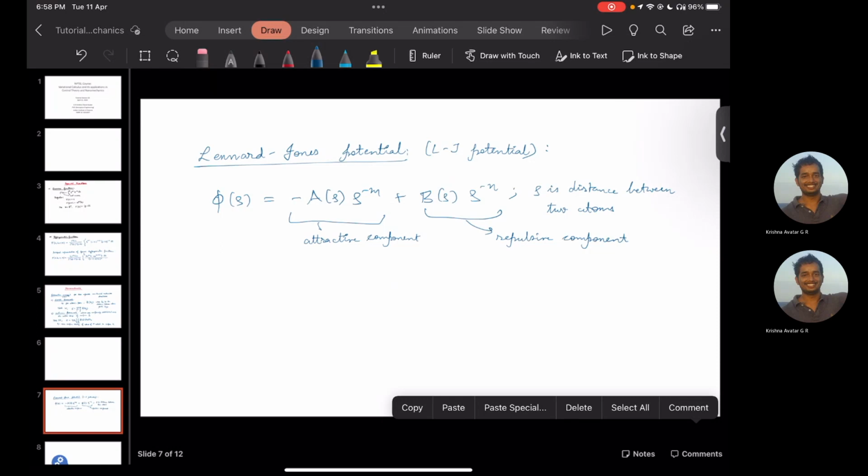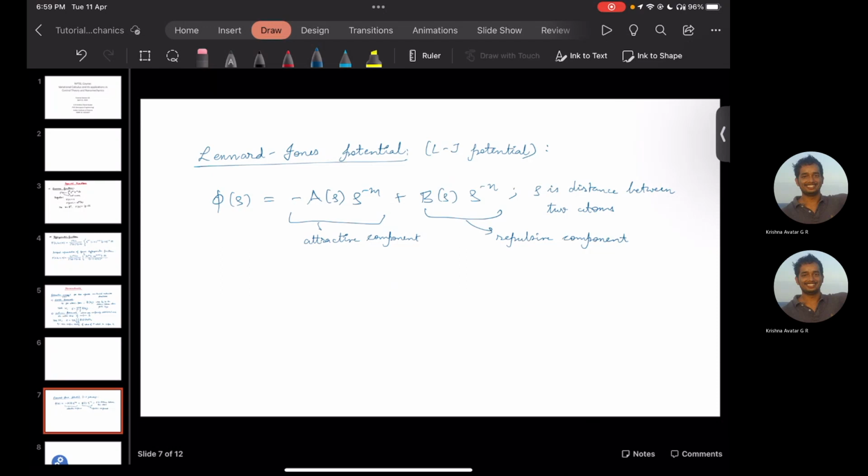Some pairs can have attraction, other pairs can have repulsion, so effectively we just add both.